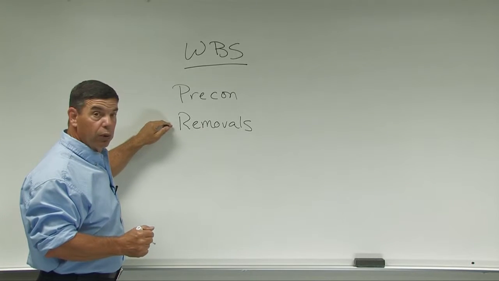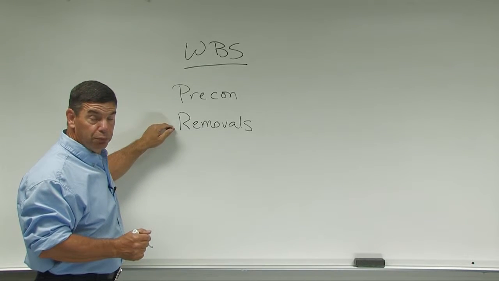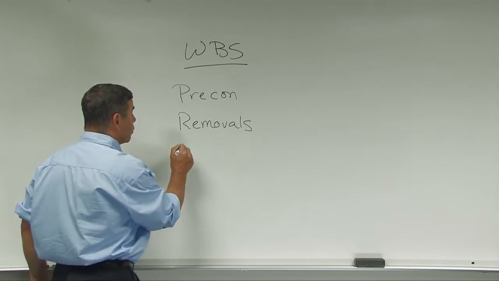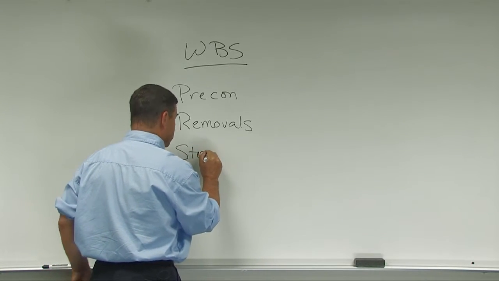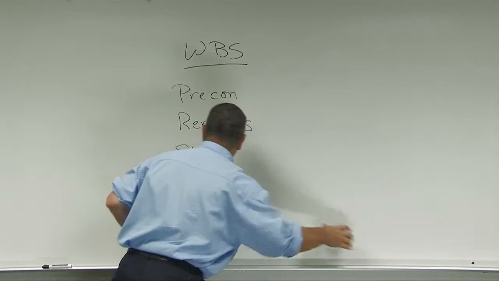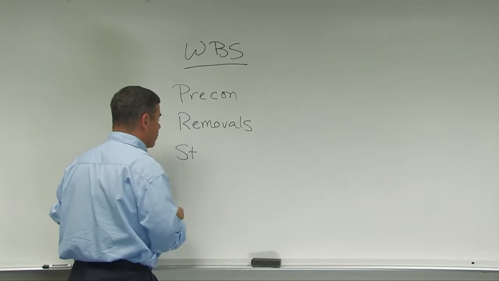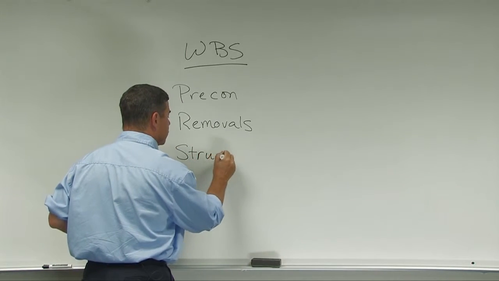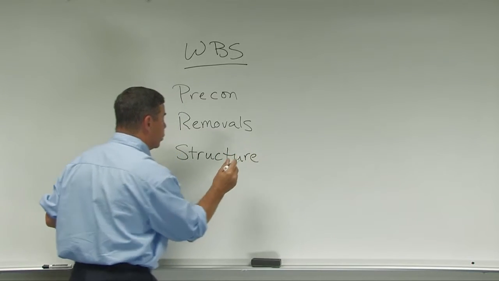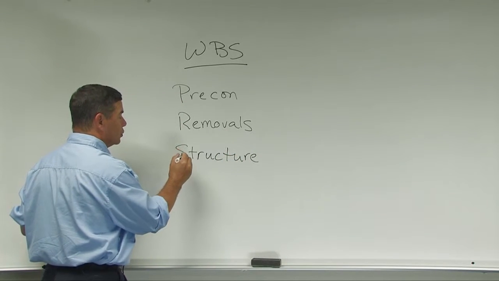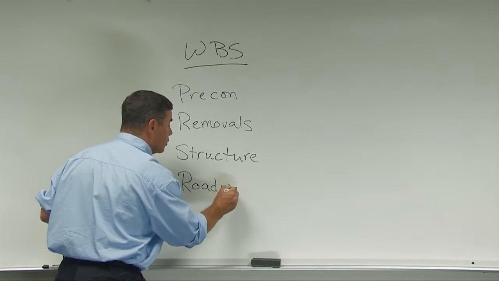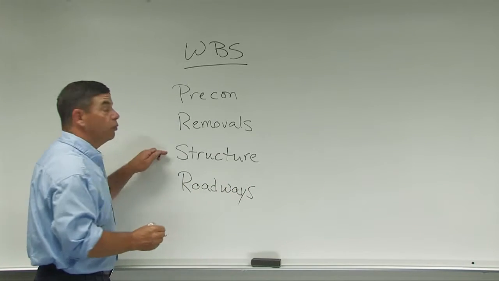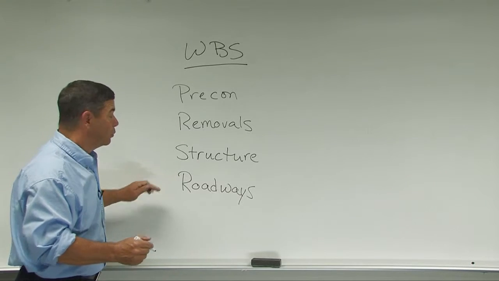The first thing we're really going to do on the job is remove an old bridge, and then we're going to put in the structure of the bridge. So we'll get the structure put in, and then we'll deal with the roadways. Always the structure first, finished by the roadways.